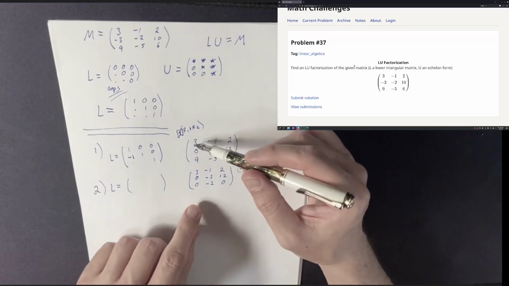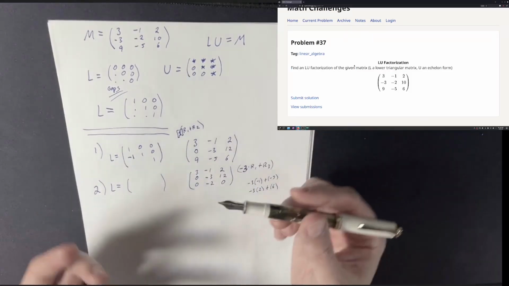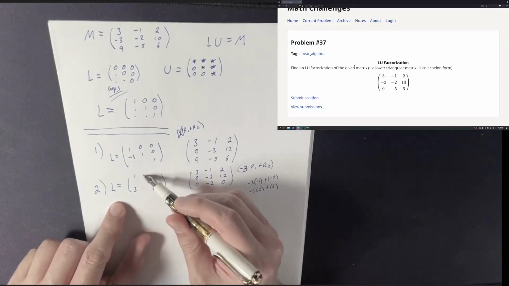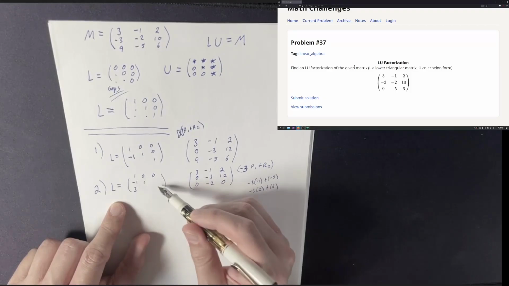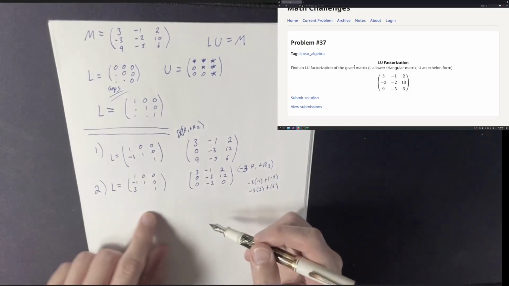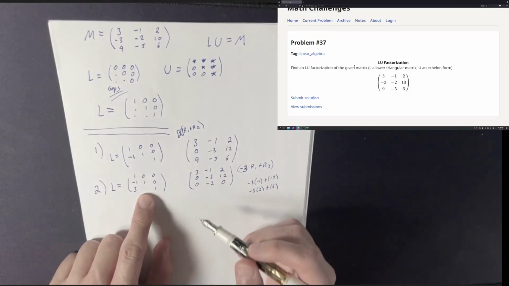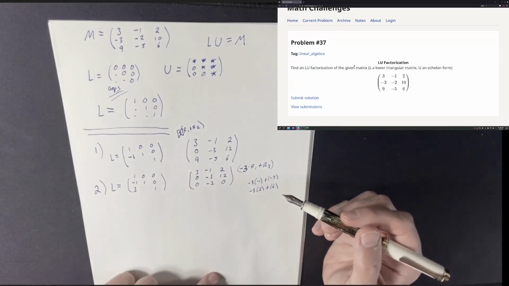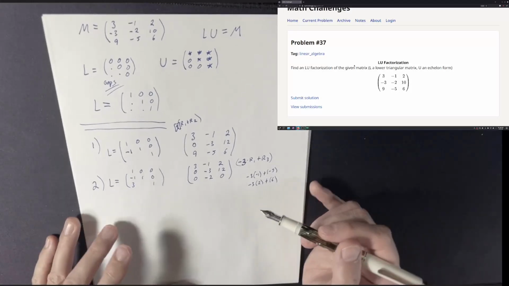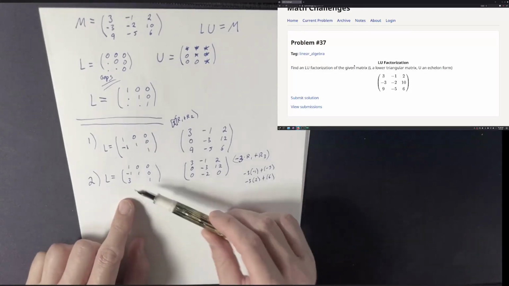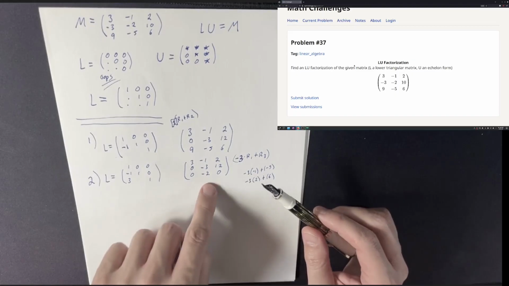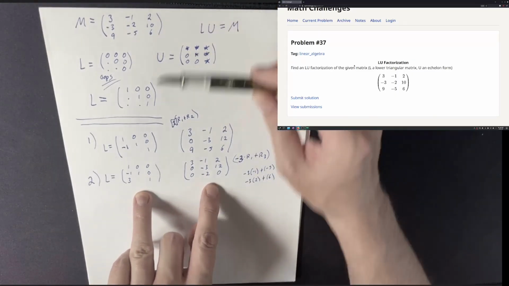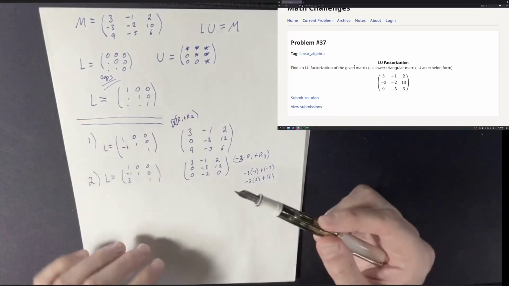And what did we just do? -3 times the first row. So in a sense, this is 3 of those. I'm going to put a 3 in my bottom. And this right now is a 0, but the whole point is we're supposed to be changing these 3 numbers, so that's why I'm leaving it blank. So right now, if you multiplied this by this matrix, it should still give you back M. So you can see how we're producing a pair of LU.